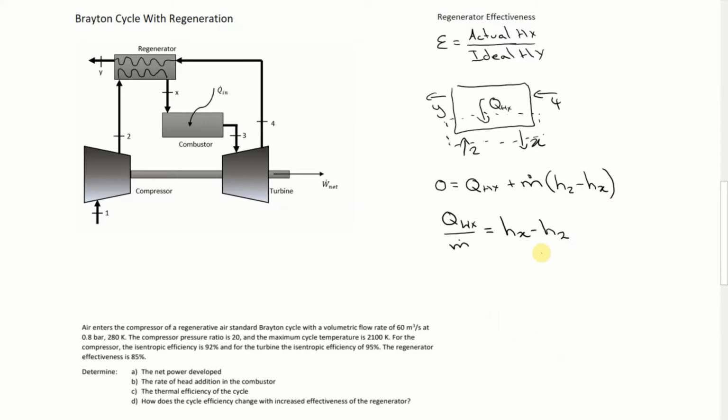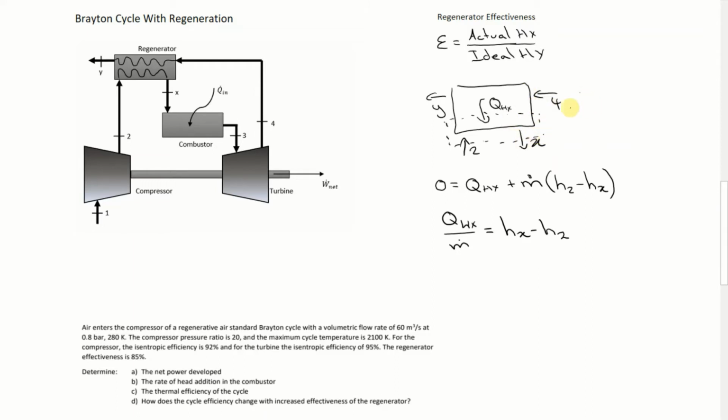So this is going to be our actual operation, and if we just think for a second about what our ideal operation is, in our ideal operation, this kind of hot exhaust flow, or all the energy associated with this exhaust flow, we're going to actually transfer into X. Once X has the same amount of energy as 4, we're not going to be able to transfer any more energy through a heat exchanger, and so that would actually represent the max possible or the ideal heat exchange.